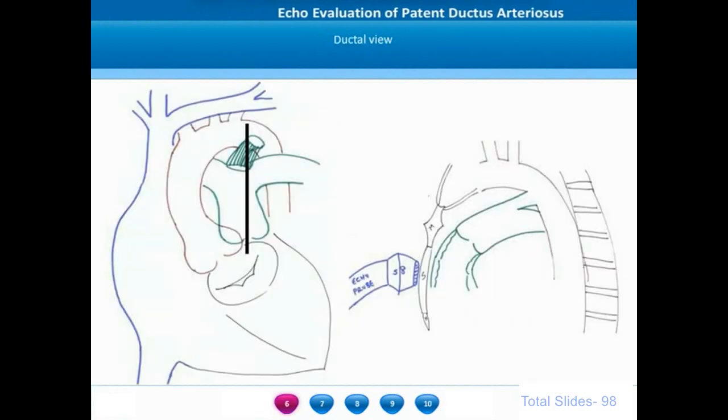On the cartoon shown on the left side, we identify the ductus is a structure that arises from the anterior wall of the proximal descending aorta and gets inserted in the PA bifurcation. The plane of the ductus arteriosus is in the sagittal axis of the heart, sagittal plane of the patient.